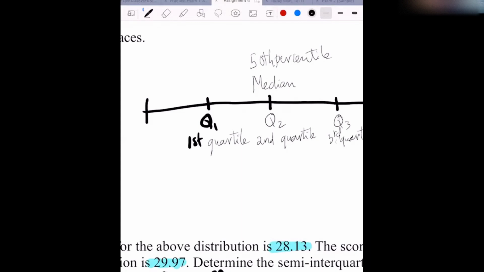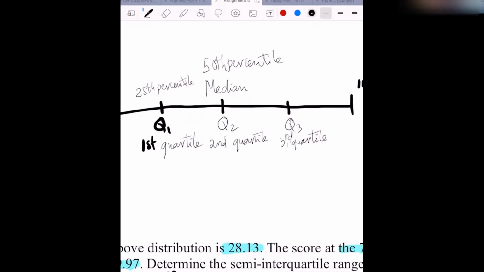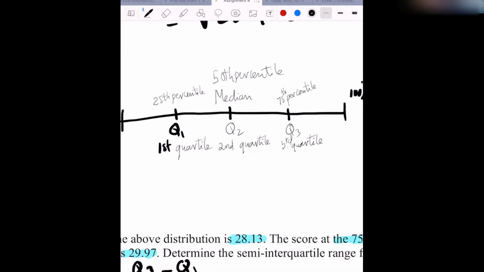Q1 is called the 25th percentile. And Q3 is called the 75th percentile. All right, so make sure that you remember this.